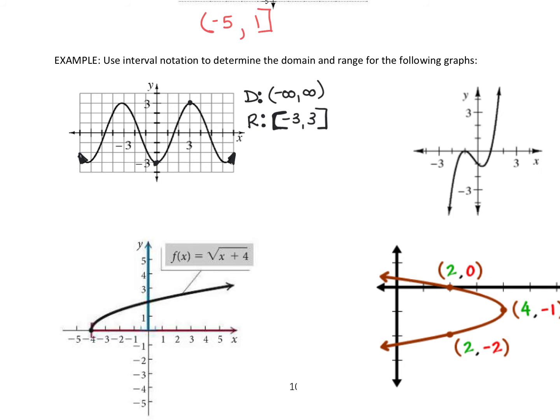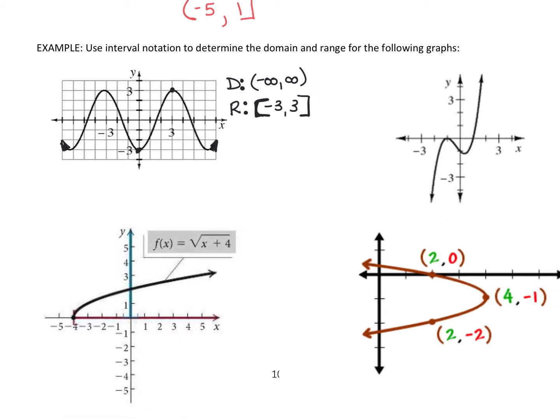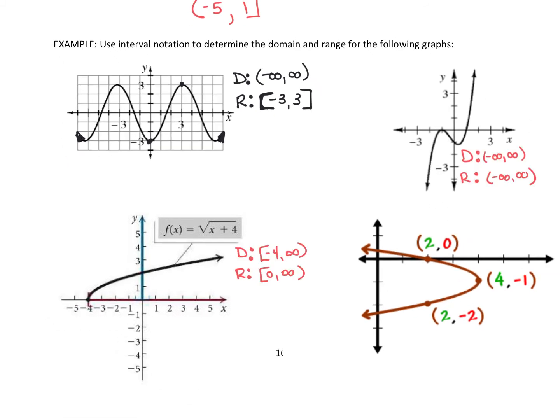Now pause your video and see if you can find the domain and the range for the rest of these. So for the second one, you notice the domain and the range is the entire negative infinity to infinity. On the next one, you'll notice that we have a closed circle at -4, and that it increases, and it's going to have a domain of -4 to infinity, and then a range of 0 to infinity because there's no y values below 0.